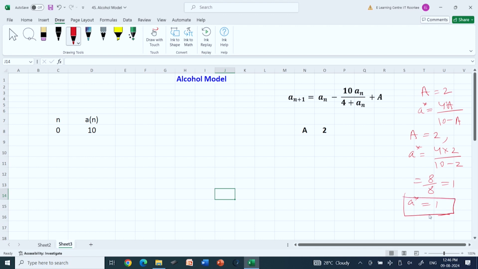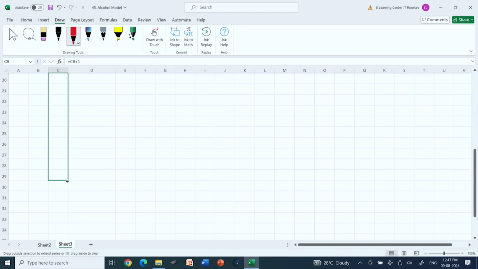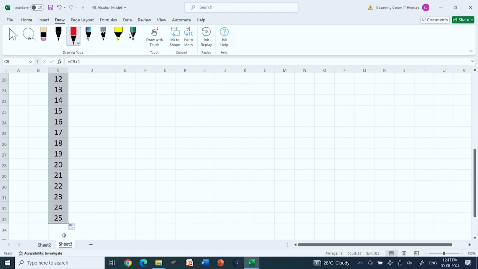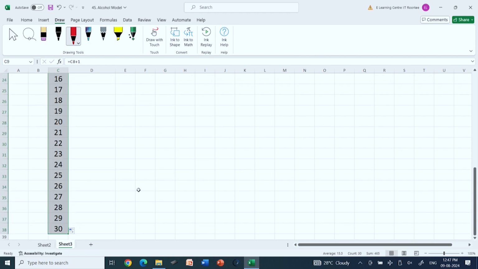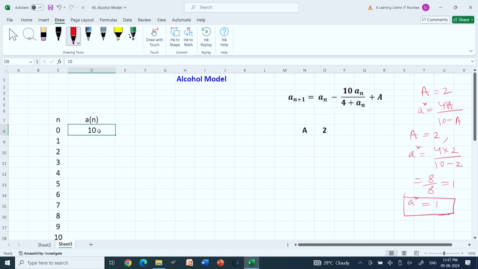With this information, we now solve this particular alcohol model using Microsoft Excel, where we have taken the initial condition to be 10. We first put this equal to 0 plus 1. We give an increment of 1 and drag it up to say 30 values. This initial value we have taken to be 10, you could have taken any number.